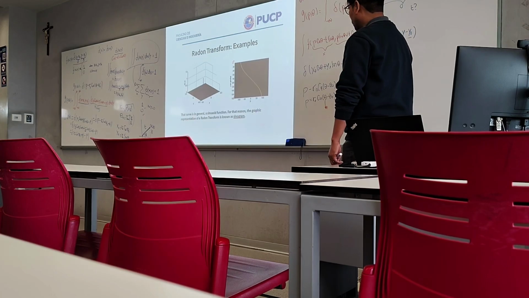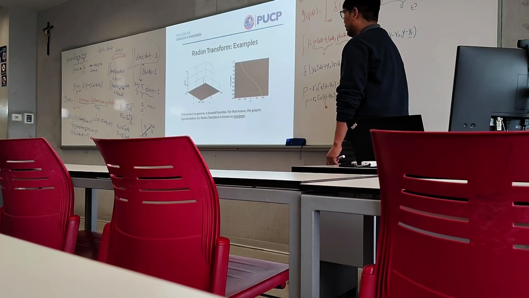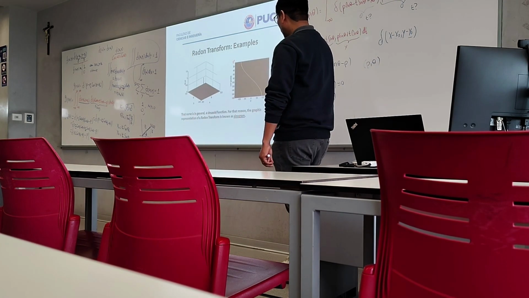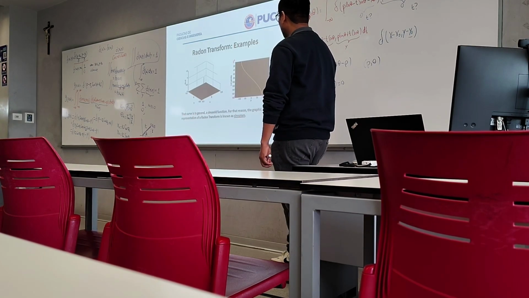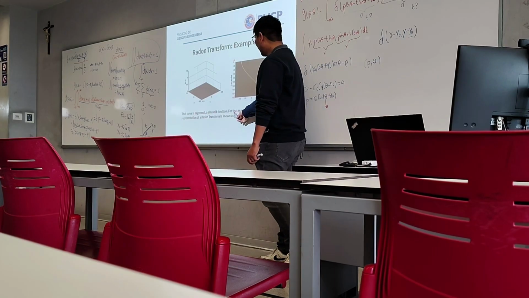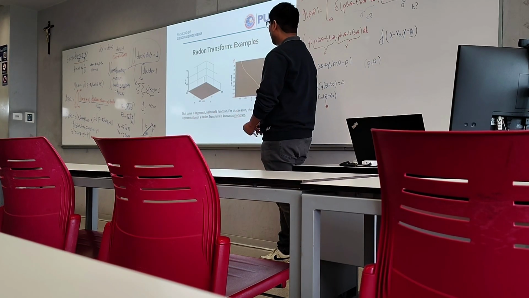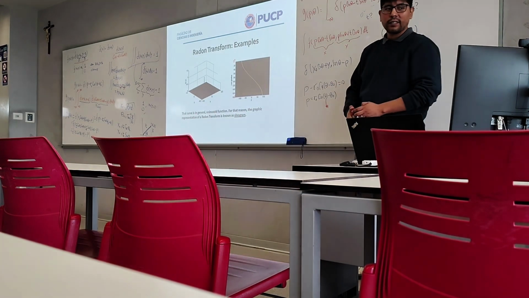Okay, so cosine. The curve is a general sinusoid function. For that reason, the graphic representation of the Radon transform is known as sinogram. To be specific, this would be the sinogram of the delta function.